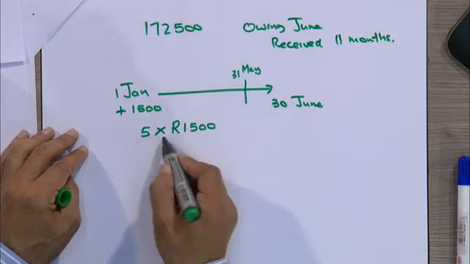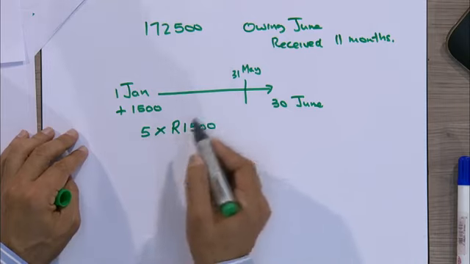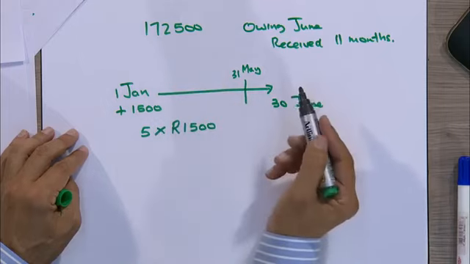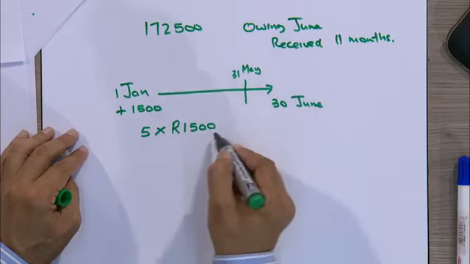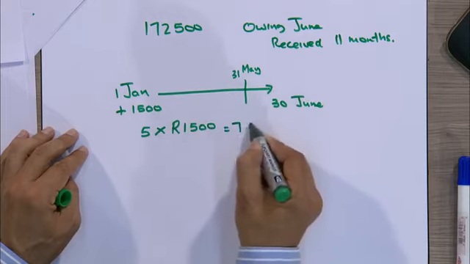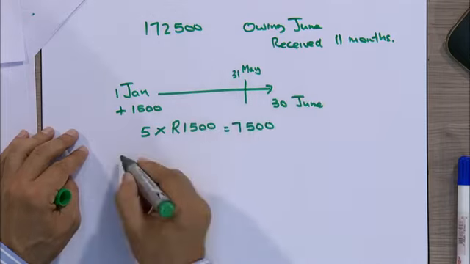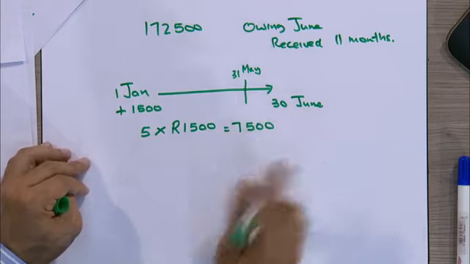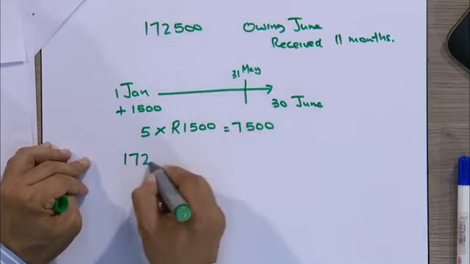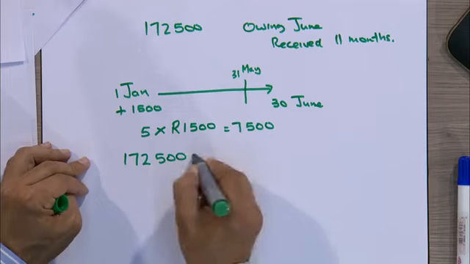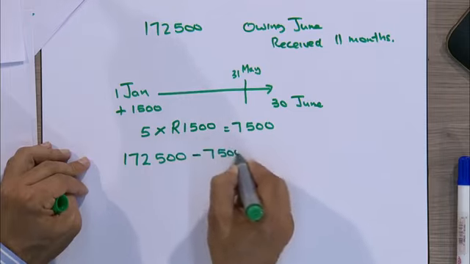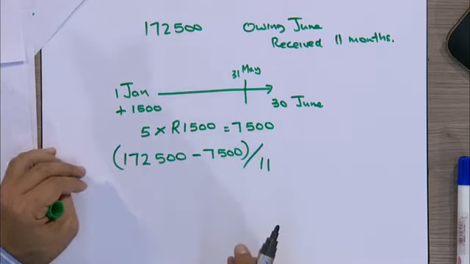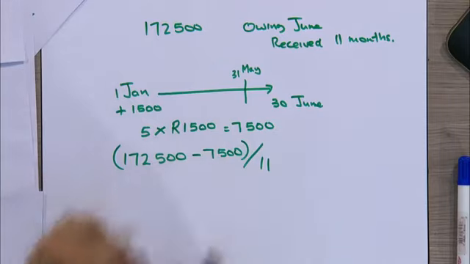So this 5 times 1,500 is causing that 172,500 cannot be divided by 11. So 5 times 1,500, that gives you 7,500. Okay. So to get the equal, I need to take away the amount that causes the inequality. So we go 172,500 minus 7,500. Then the answer of that I can divide by 11, because now I will have 11 equal months.